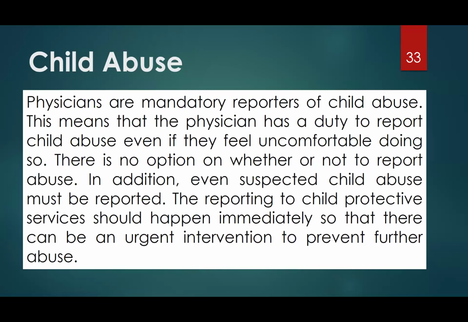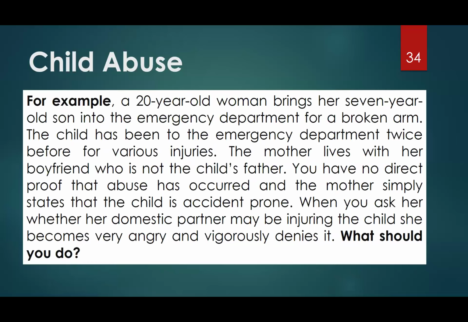suspecting this child abuse. For example, a 20-year-old woman brings her 7-year-old son into the emergency department for a broken arm. The child has been to the emergency department twice before for various injuries. The mother lives with her boyfriend, who is not the child's father.